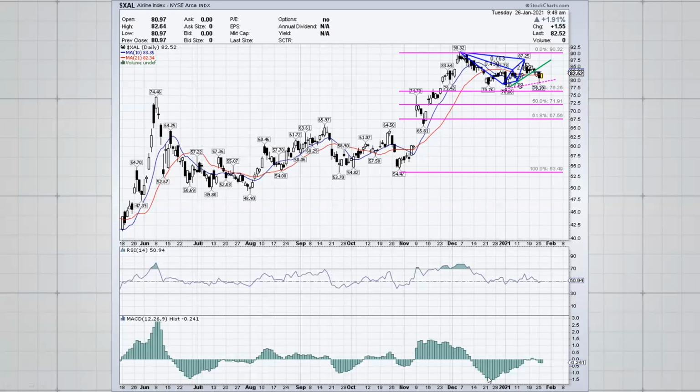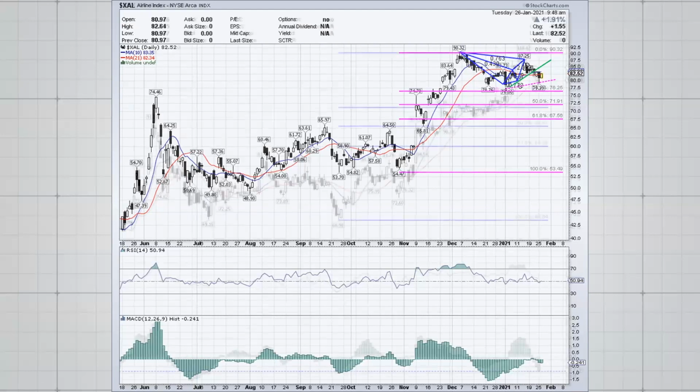You can see here that the MACD on the bottom made lows lower than this low, lower than this low, and even a little bit lower than these lows back here in July. So it's just had a bit of a correction to the upside and now turning back down. So those are the areas to watch.